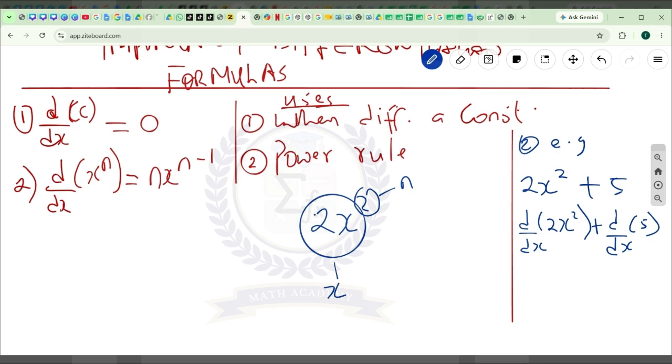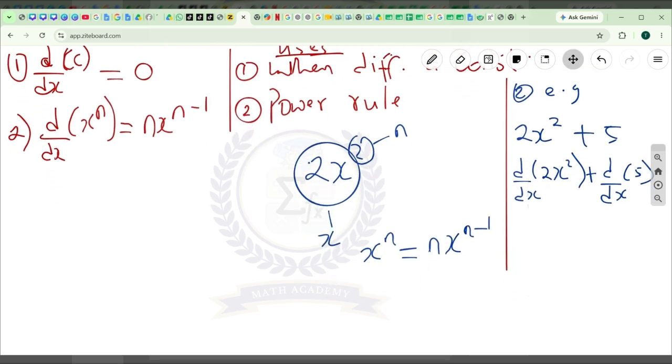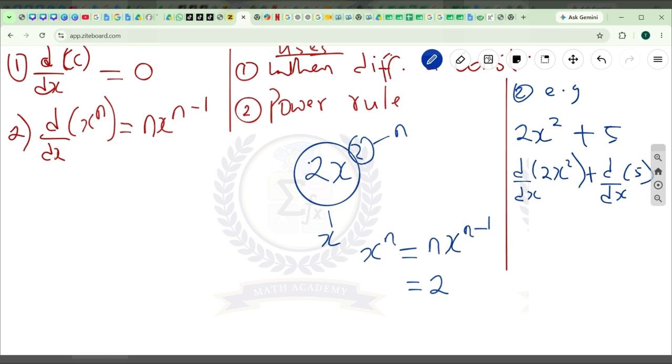So what does the rule say? When you have a function x and the power is n, to differentiate it, it means nx to the power of n minus 1. That means use the power to multiply the function and then subtract 1 from the power. Our n is 2, so this is going to be 2, and then x to the power of n, which is 2 minus 1.